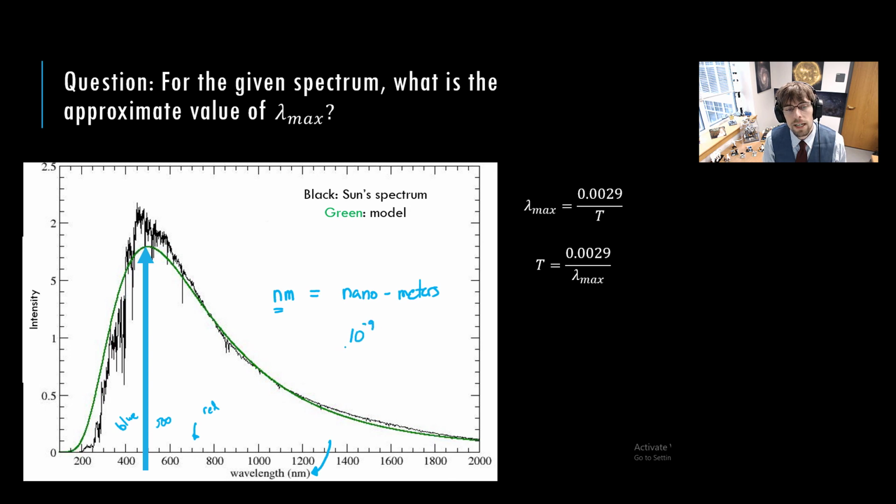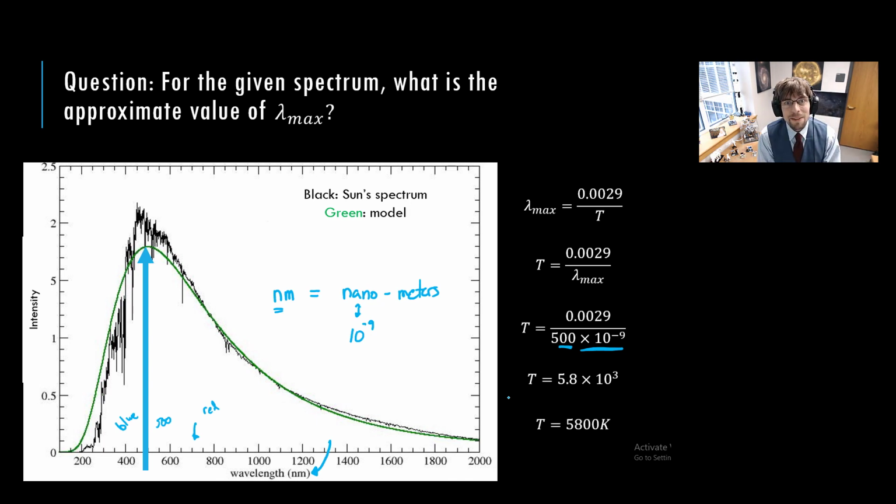When you see nano, that corresponds to 10 to the negative ninth. So this is 10 to the negative ninth meters. So if I want to apply Wien's law, I don't put 500. I have to put 500 times 10 to the negative ninth. There's the nano. And so we go ahead. Yeah, there we go. Cool.